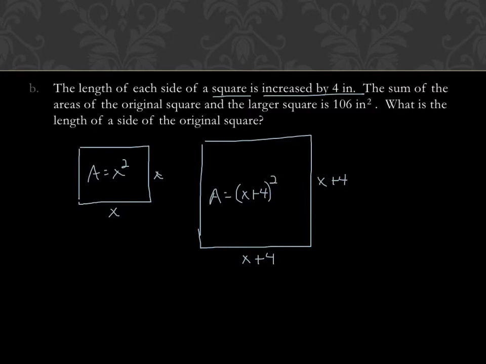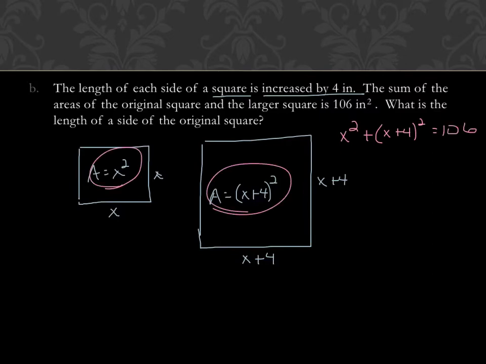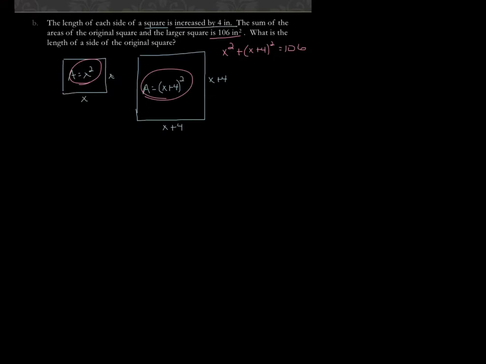So my equation would be x squared plus x plus 4 squared equals 106. So I'm taking this area plus this area equal to 106. Okay, so x squared plus, when I multiply x plus 4 squared, remember that's x plus 4 times x plus 4. You need to use FOIL for that.